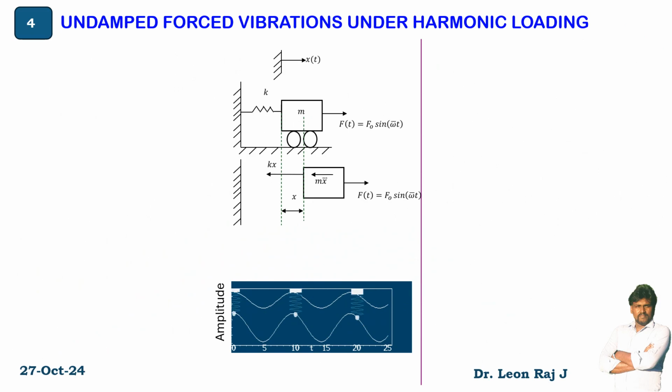So we are going to derive the responses of an undamped forced vibration system under harmonic loading. The loading you can see here is the harmonic loading, that is F0 sin omega bar t. Here F0 is the amplitude, and this is the time period.